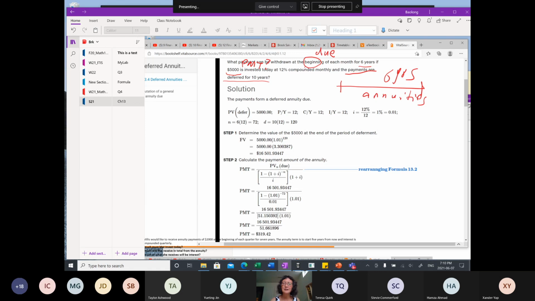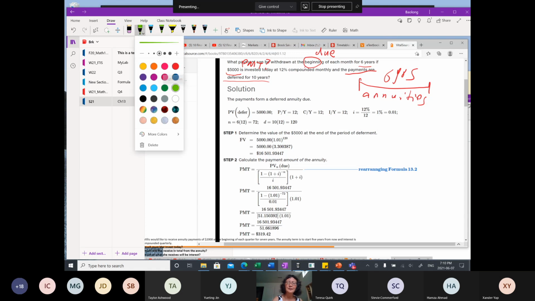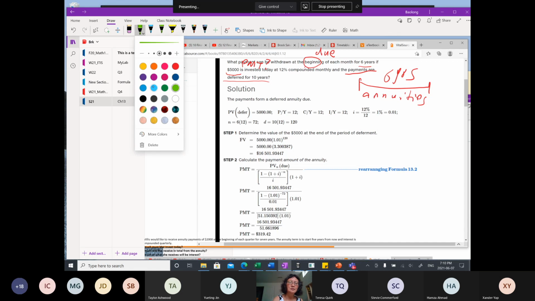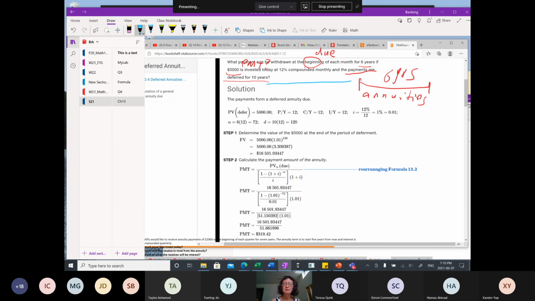So from here to here is 6 years, and from here to here it is 10 years. So for 6 years, it is annuities. 10 years is the deferment. This point is now.